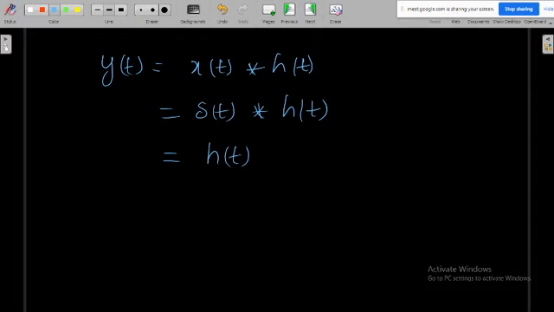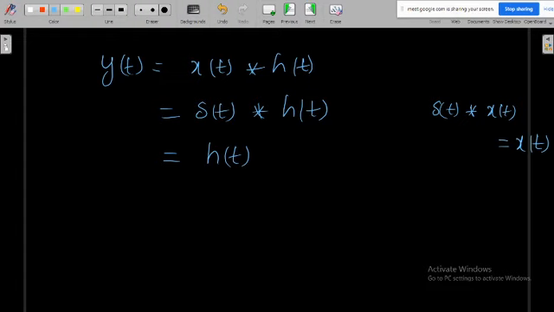It's simply like multiplying by one. For example, if you convolve the impulse with x of t, the answer is x of t only.